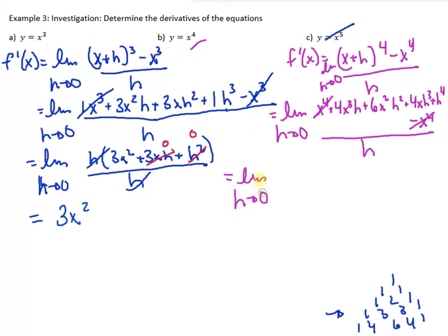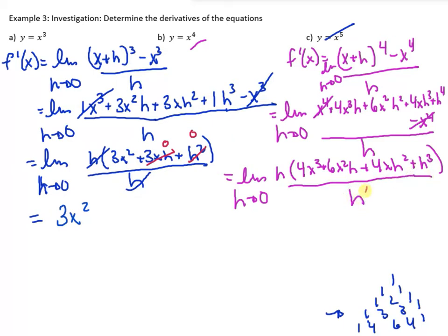I'm going to factor out an h. We have 4x cubed plus 6x squared h plus 4xh squared plus h cubed all over h. Those cancel. We can sub in h equals 0. Those terms go to 0. What are we left with? We are left with 4x cubed.